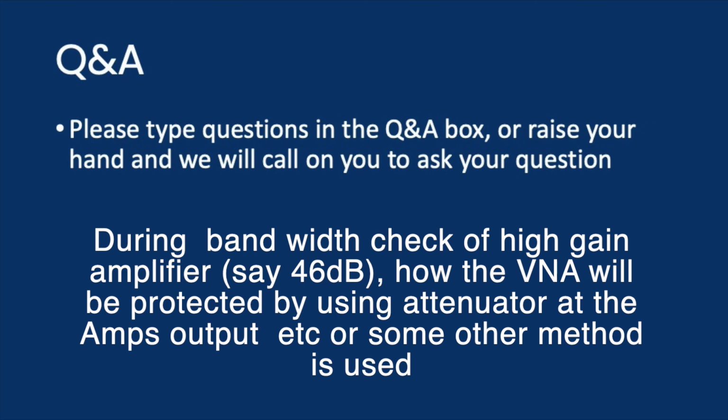Generally, when you're doing higher power amplifier measurements, you'll use an external test set. So those directional couplers and things that I showed that are built into the instrument, you would just use external versions of those that have higher power capability.